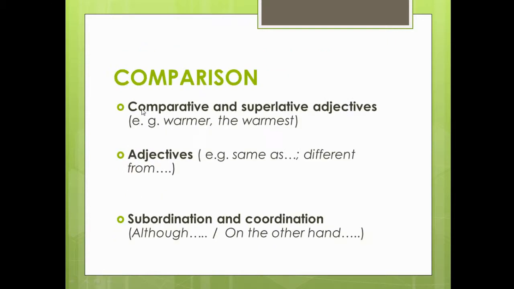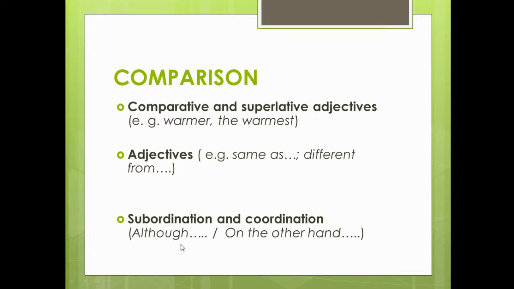What about comparison? Well, we've already said that comparative and superlative adjectives are going to be very important here. So warmer, the warmest, the greatest, etc. Also adjectives and adjective phrases, the same as, different from, also very important. And also, it would be very useful if you can show your knowledge of what we call subordination and coordination.